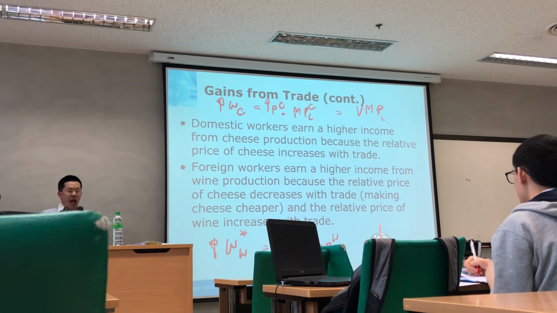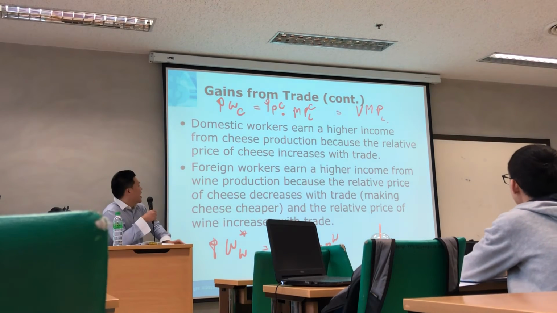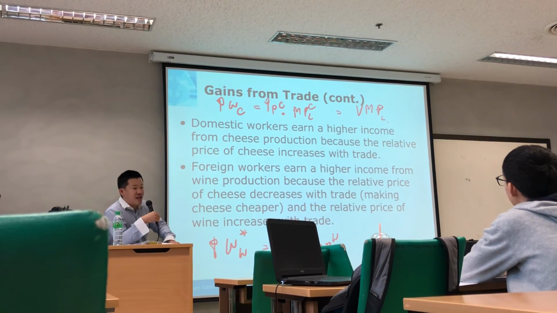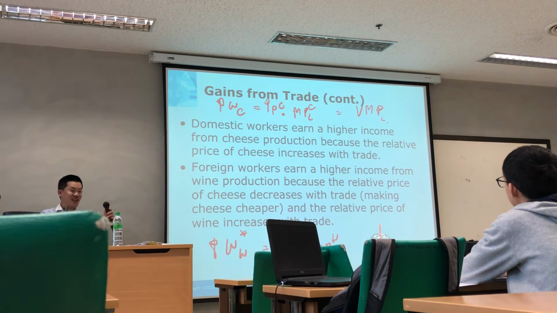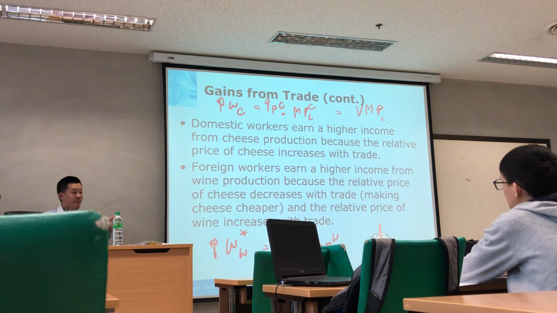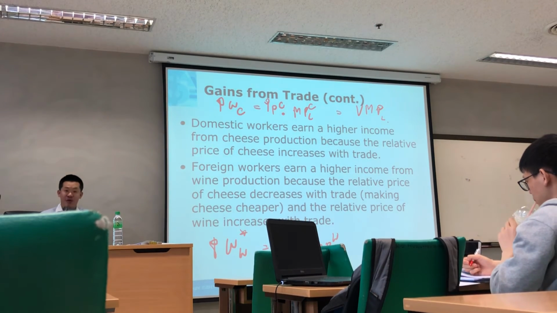That's why foreign workers earn higher income from wine production. Do you understand? One more time: wage equals P times MP, you know, right?